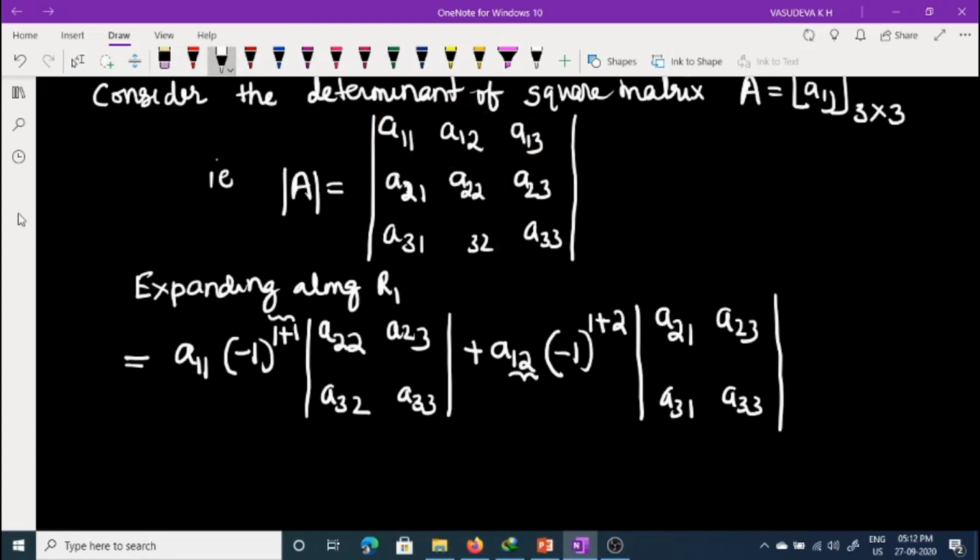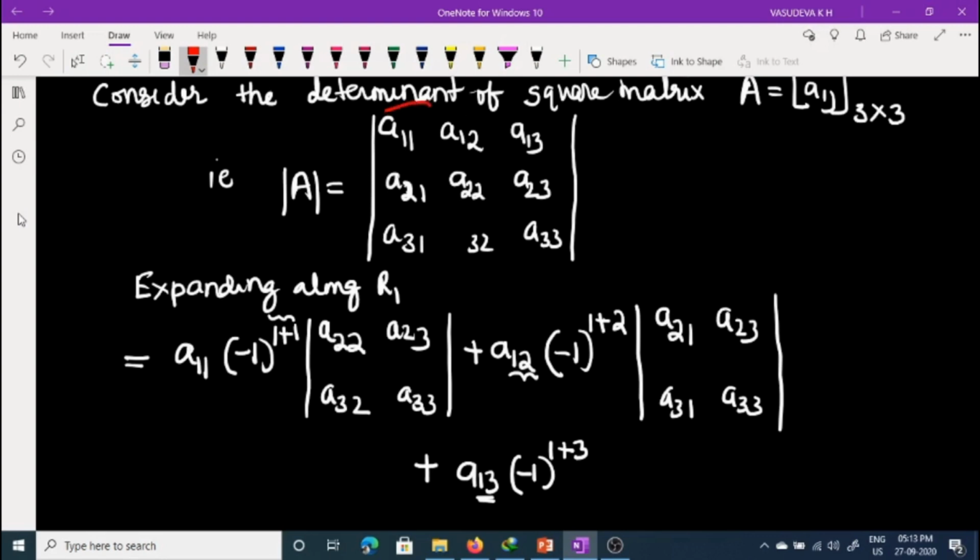Now taking the third element of the first row, that is plus A13 multiplied by minus 1 to the power of the sum of the suffixes of A13, that is 1 plus 3, into the determinant obtained by deleting the row and column of A13.